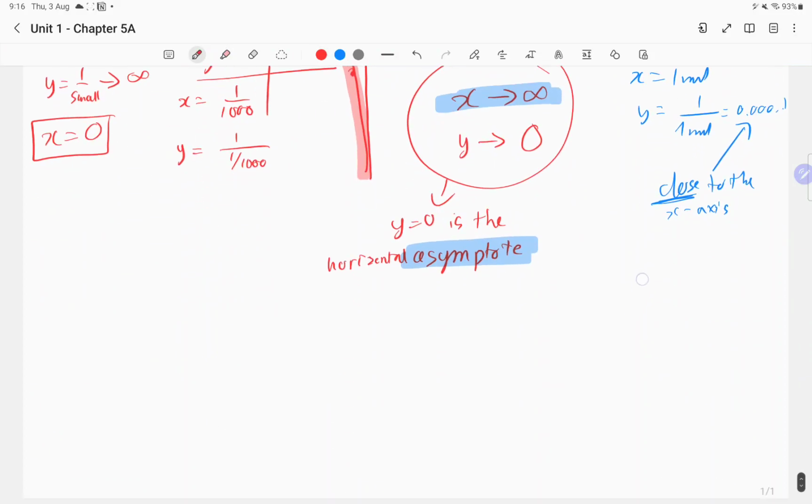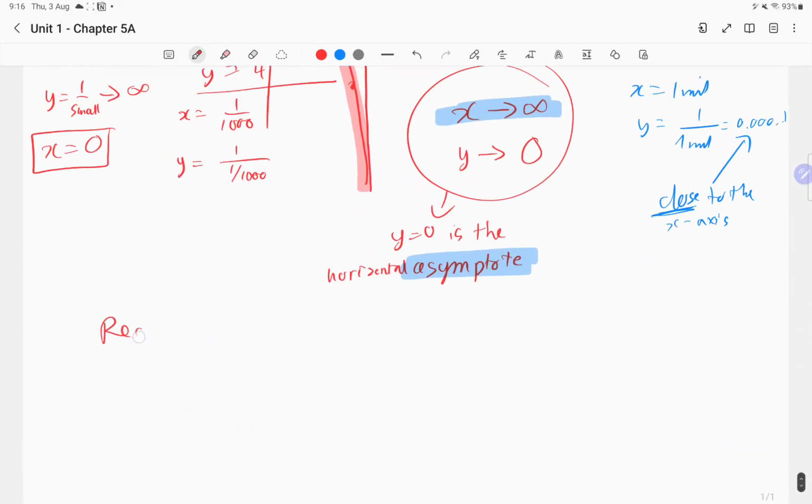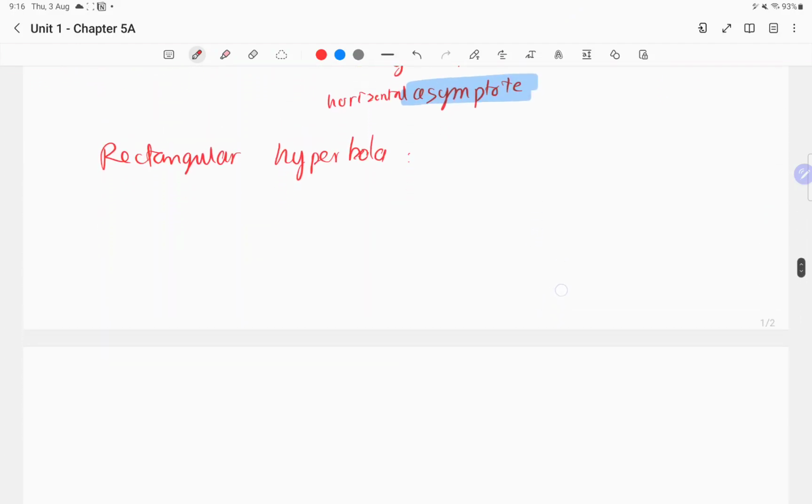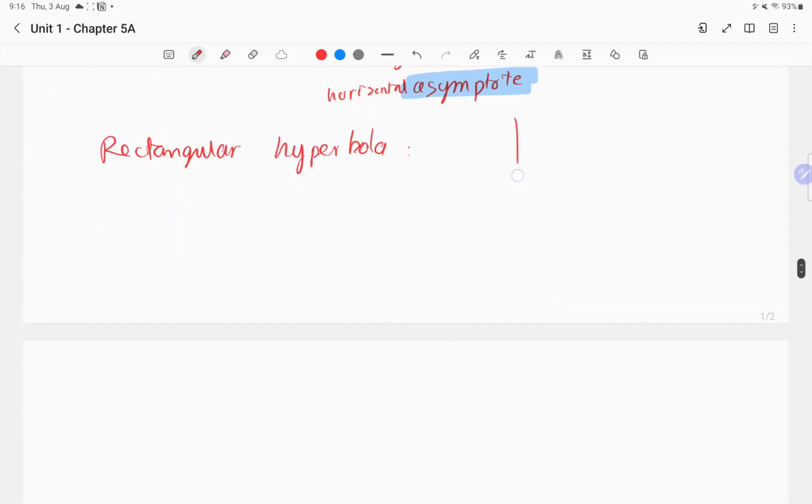Okay, so in summary, the rectangular hyperbola will have the shape of, so that's the y-axis and that's the x-axis.